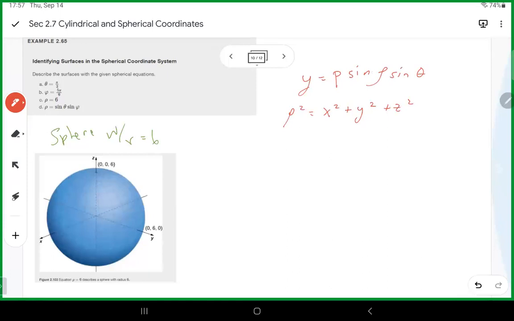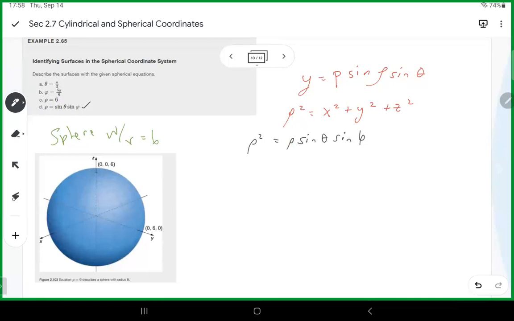So here's the first thing we know. Okay, so what we'll do is we'll then multiply both sides by a rho. So we would get rho squared equals rho sine theta sine phi. God, I hate writing that.